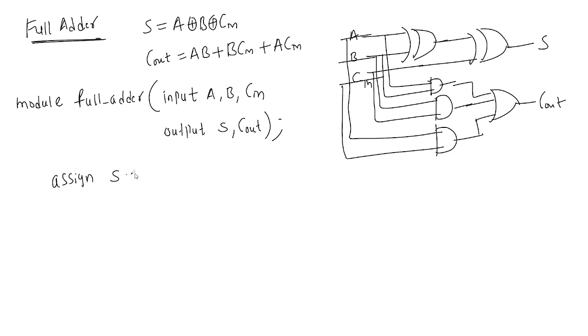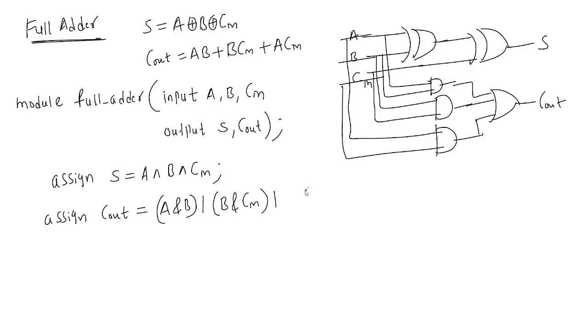Assign s equal to a XOR b XOR cin. And assign cout equal to a and b, bitwise operator, or b and cin, or cin and a. End module. Like this you need to write. Is it fine?